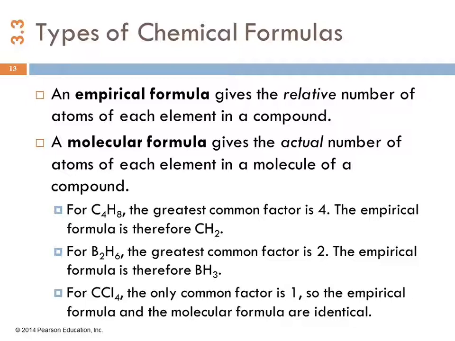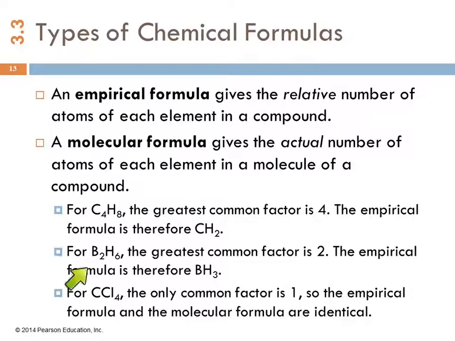So the ratio here is 4 to 8, and there's a common factor of 4. And so we can reduce that to 1 to 2. So CH2 gives us the lowest ratio of carbon to hydrogen atoms. That's the empirical formula. It doesn't necessarily tell us the number of atoms in the molecule.